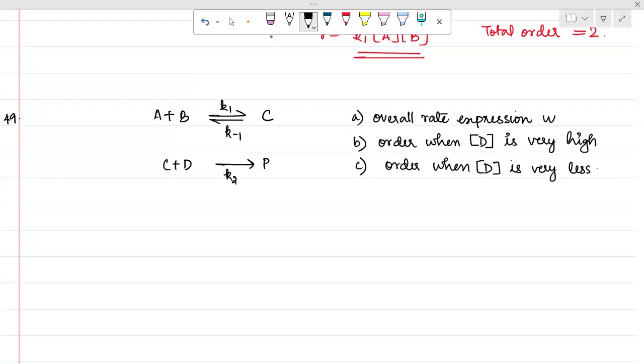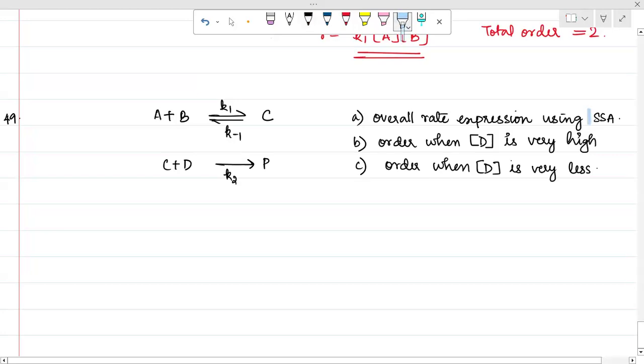Overall rate expression using SSA. So even though there is an equilibrium over here, they have asked us to find the expression using SSA.